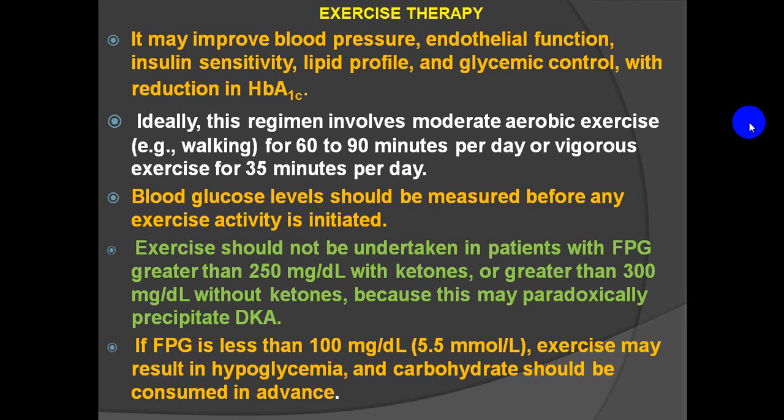Why? Because this may paradoxically precipitate diabetic ketoacidosis. On the other hand, those with fasting blood glucose less than 100 milligrams per deciliter, also they should postpone. They should not start exercise until they have carbohydrate intake before that.